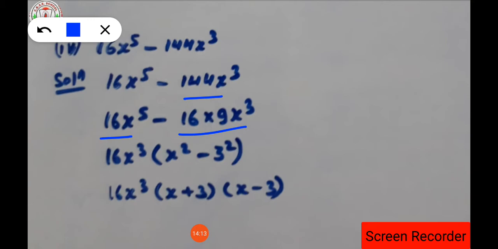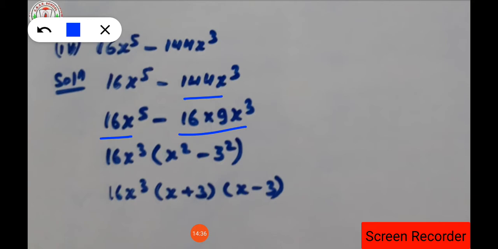Why are we writing this line? When we are unable to easily take out a common number, we can write that number in expanded form. When we write it in expanded form, we can easily know what should be taken common. That's why 144 can be written as 16 into 9.